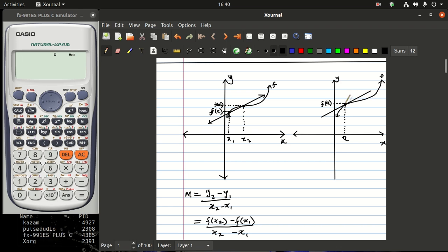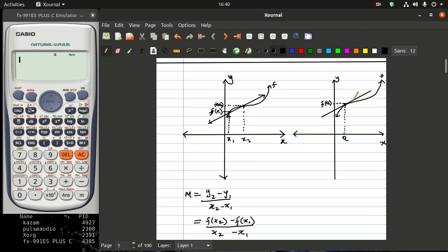Let me say it again. Suppose I want the slope of the straight line that touches this curve only once, at this point here, where x is equal to a. How can I find the slope?